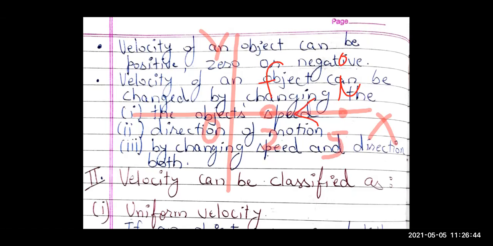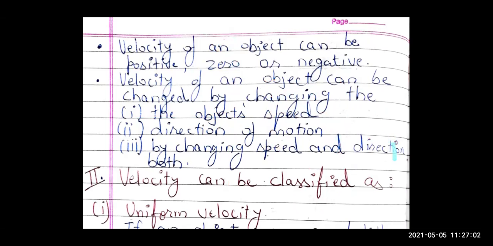So what is your displacement? Your displacement will be in the negative direction. So your displacement is going to be minus 3. And as your displacement is negative, your velocity will be negative. Right, beta? Okay. So the possible values of velocity are positive, 0 and negative.